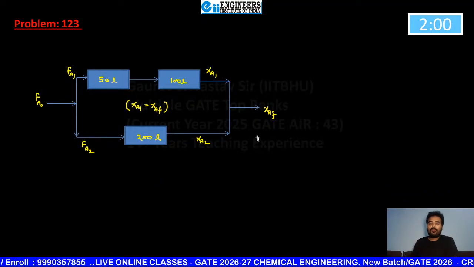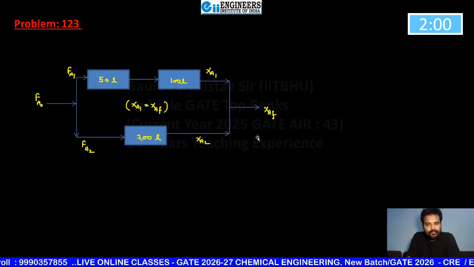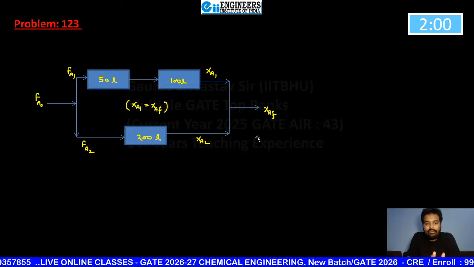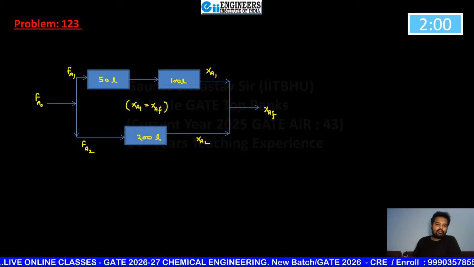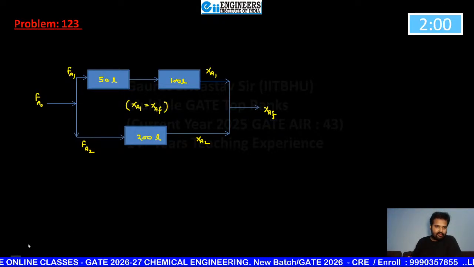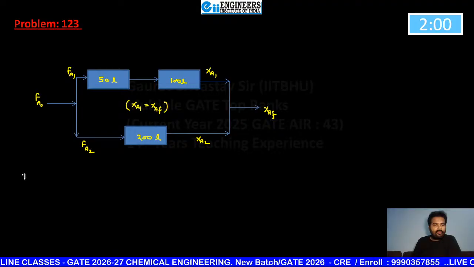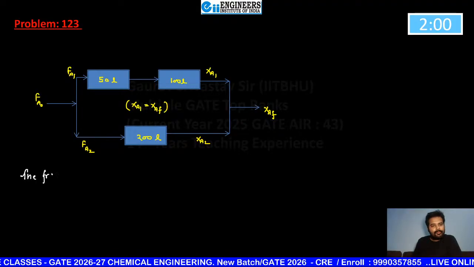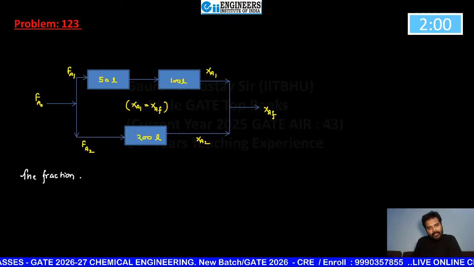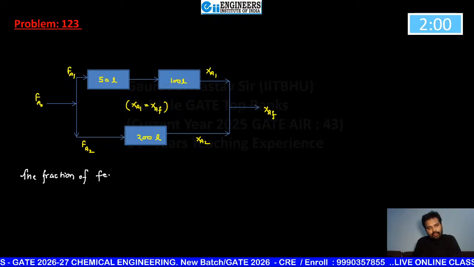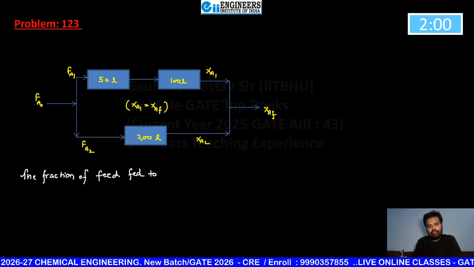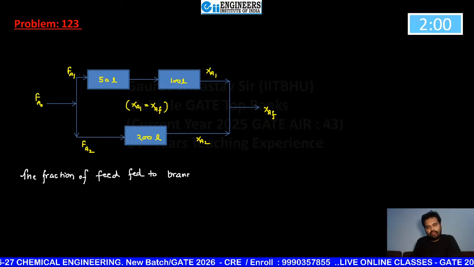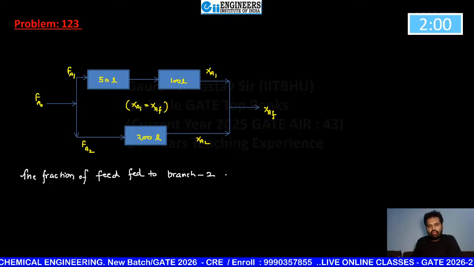Problem बहुत आसान है. So यहाँ what I want to ask you, what should be the fraction of feed that you are going to send in the second branch? So the problem here is the fraction of feed fed to branch number 2.